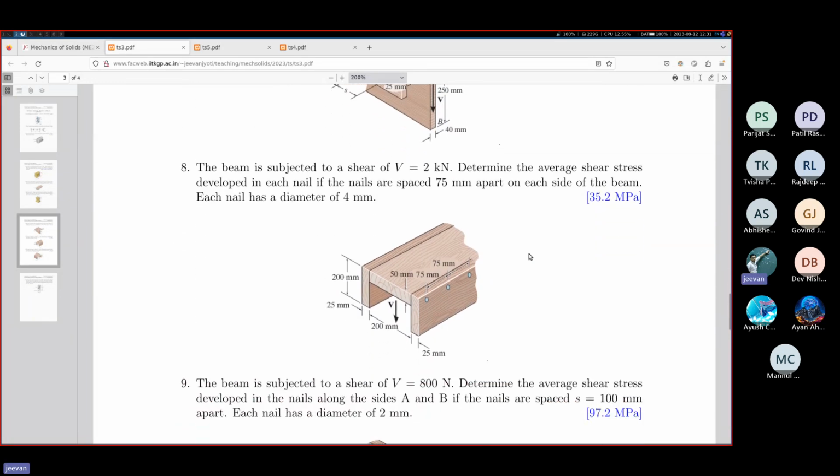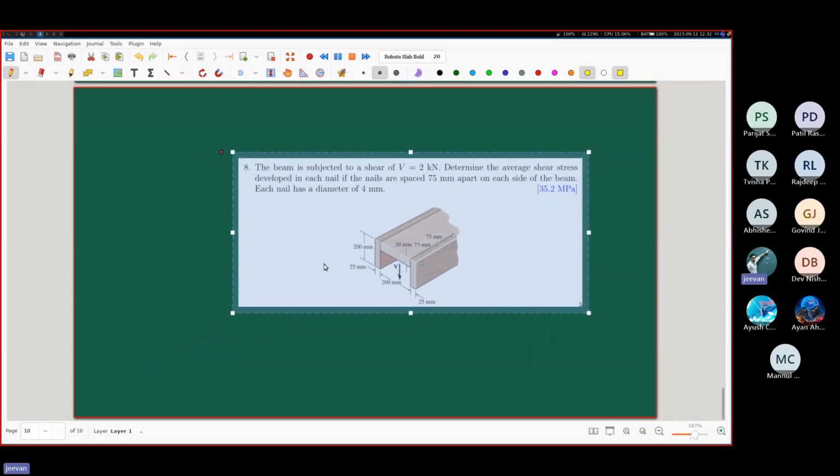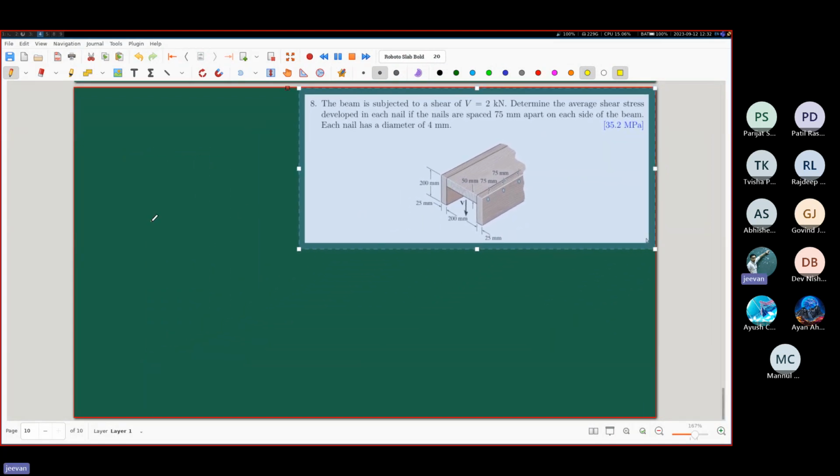Let me focus on this by taking it from here to the writing app. So this is tutorial sheet number 3, question 8.